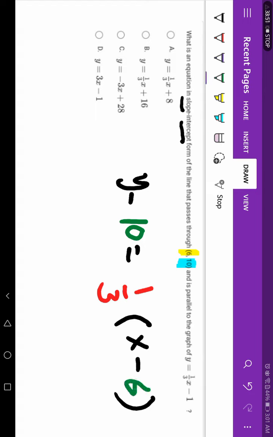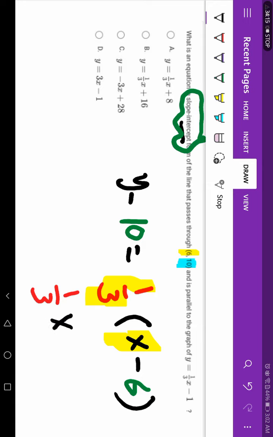Now, because he asked me about slope-intercept form, I have to break the parentheses here using Ali's story. Ali must visit home and farm. So 1 over 3 multiplied by x equals 1 over 3 x, minus 6 over 3.